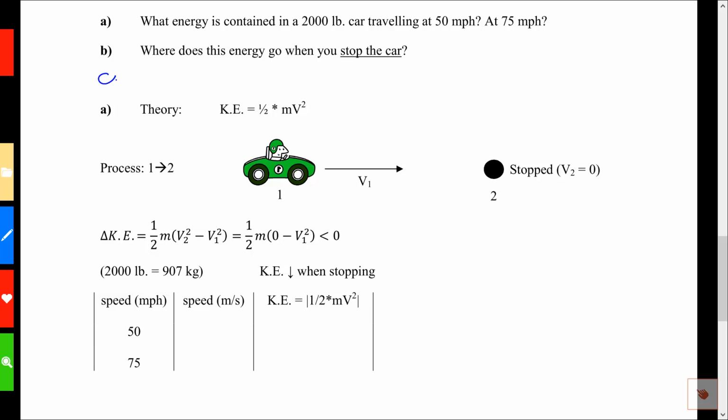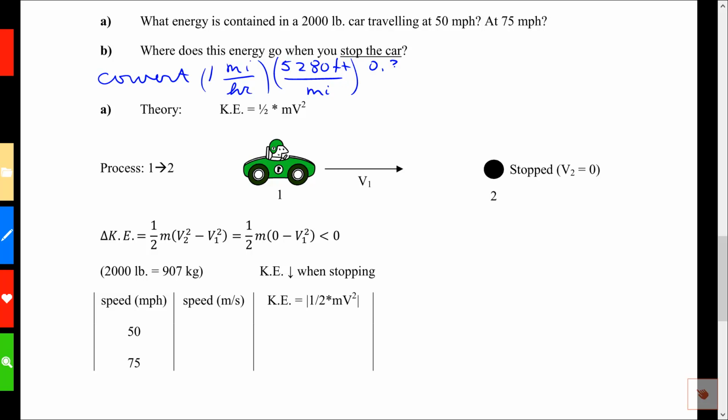Let's convert 1 mile per hour by multiplying by some constants. There's 5,280 feet per mile, and then I want to get meters.